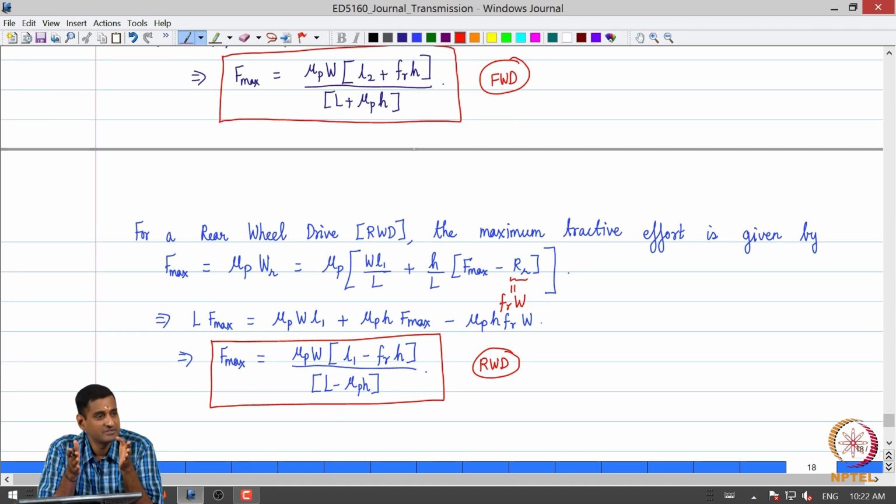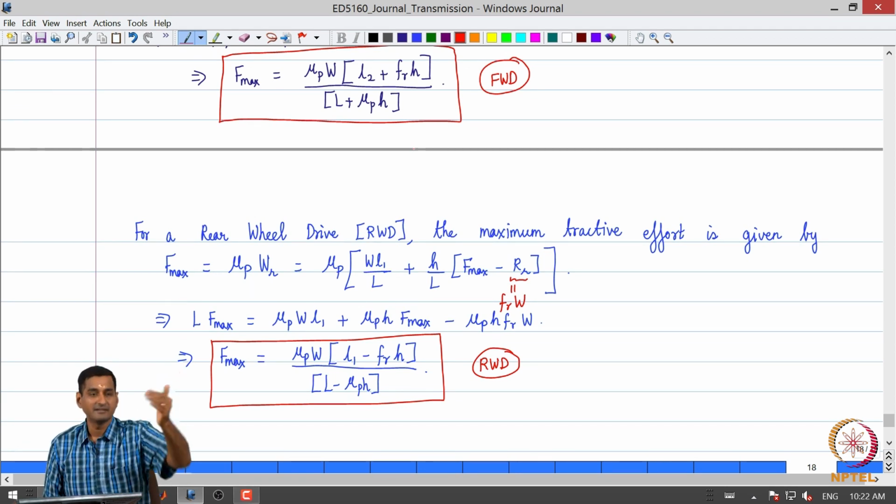It is due to the way in which mass is distributed in the vehicle, right. If you look at a typical passenger car, the engine, the transmission and almost all other components are towards the front. So, the center of mass or center of gravity is going to be shifted to the front.